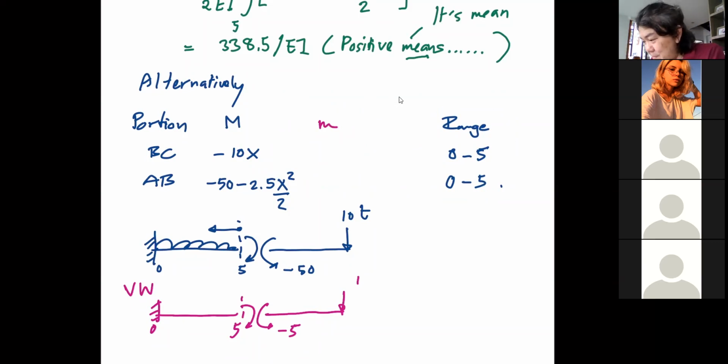The first one is going to be minus x. But the second one, because you now use this range, your x will begin from here. And when you look at the free body diagram, you now have minus 5 a moment and then another load, right? Because that's a complete free body diagram. Let me complete it, okay?